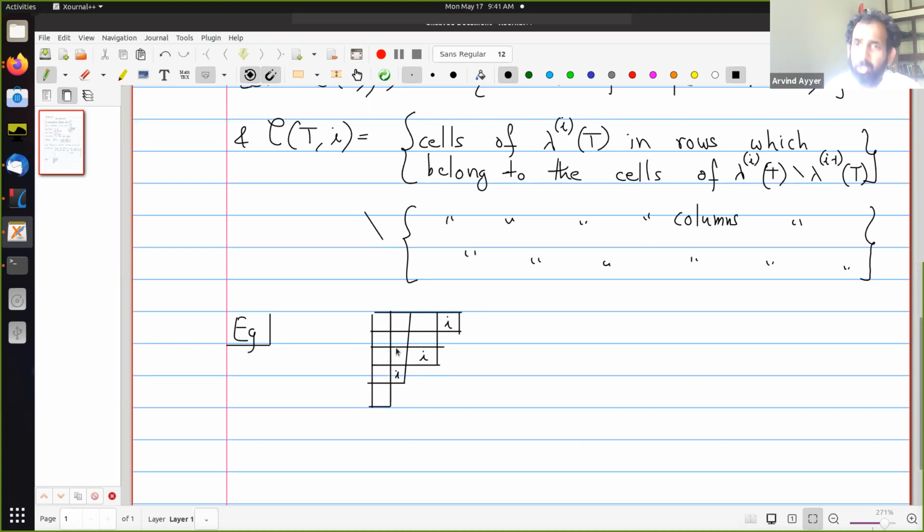And I have to look at all the columns in lambda which contain i, so columns 2, 3, and 4. If you do the subtraction, the three cells that belong are here, because they are in the rows but not in the columns. These cells are in the rows but also in the columns, so they go away. So only these three cells belong.